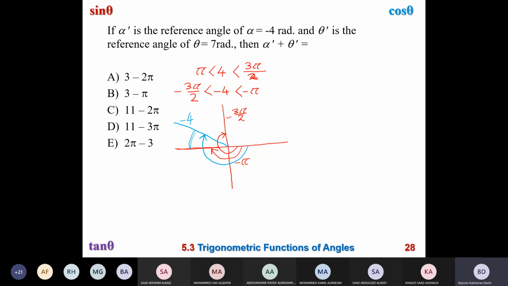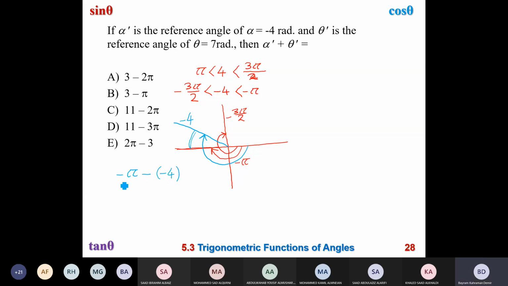So now, how do you find the difference between -4 and -pi, Shabab? How do you find the difference between two numbers, basically? We subtract a small one from the big one, right? Bigger one. So we are going to subtract: -pi is the big one, so -pi minus -4.